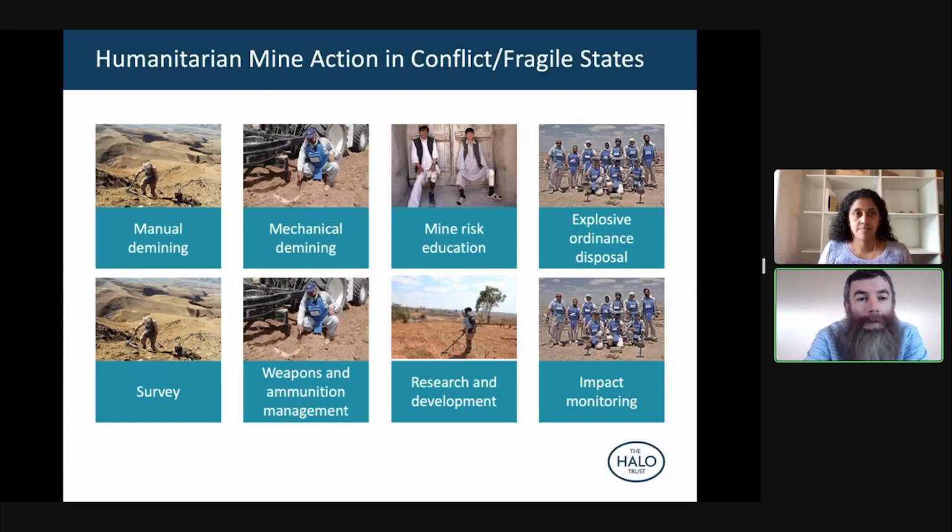We do R&D, research and development, appropriate techniques in terms of our locations, and then we have life after mine clearance. So life after mine clearance might be for the communities, might be for the environment in those locations, particularly interesting to the states, the governments that we're working with.